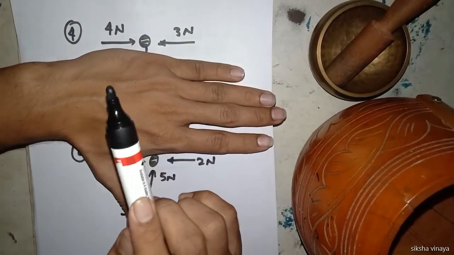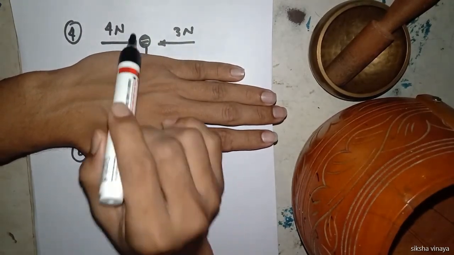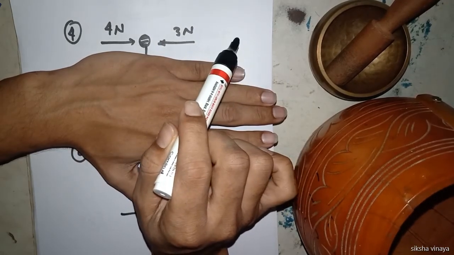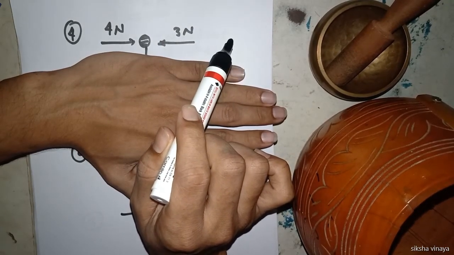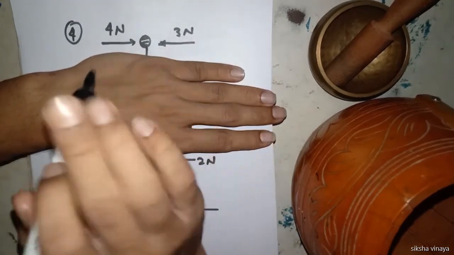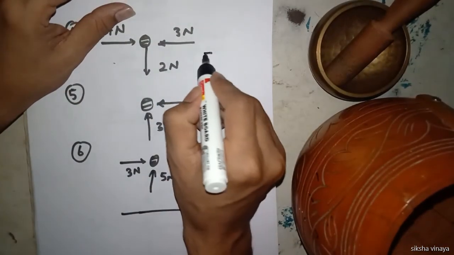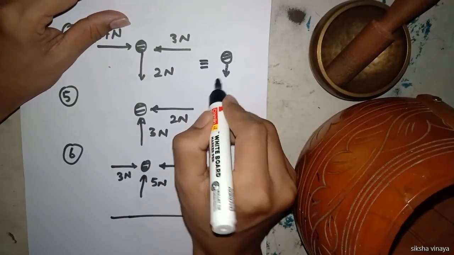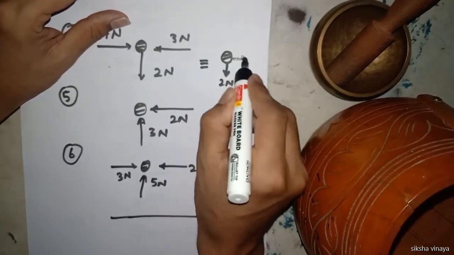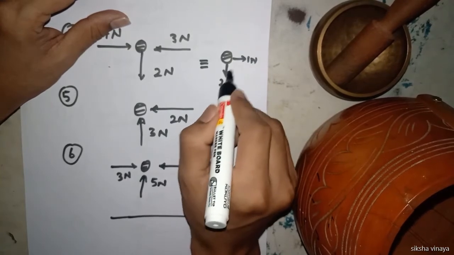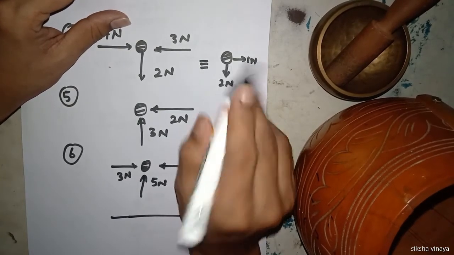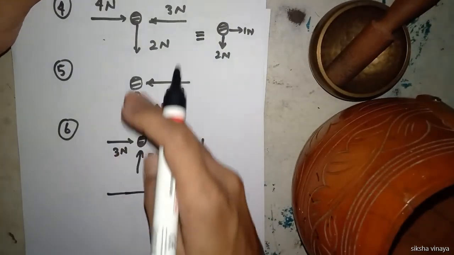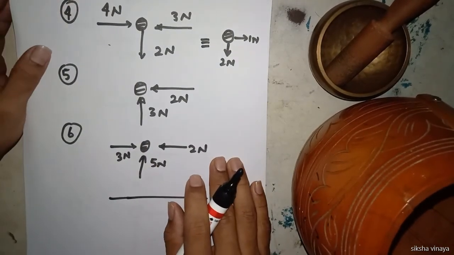So if I forget about this for some moment, then the resultant of these two vectors must be 1 Newton towards east. Yes or not? So you replace two vectors by a single vector, and you can now proceed with the same process as I have told you. Now it becomes two vectors. You can solve it out. Yes or not? In this similar fashion, you can solve these kinds of problems.